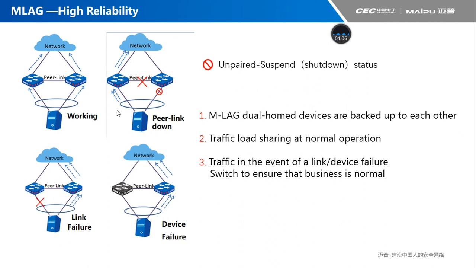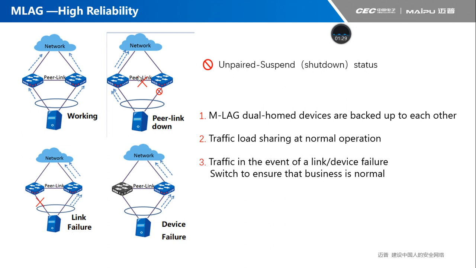From here on the topology, there are four topologies. In topology 1, two devices work as the MLAG, so the server connects to the network using load balancing. The traffic will go over the two paths at the same time.